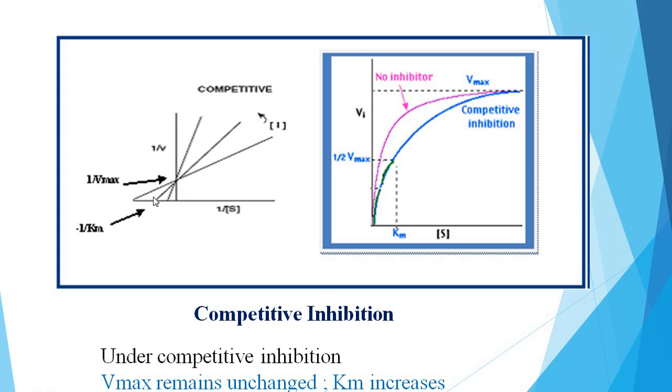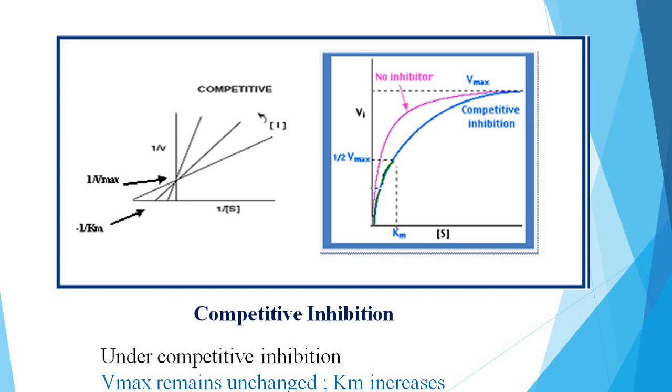This is the straight line curve without the inhibitor, and this is the straight line curve with the inhibitor. And this curve also denotes that V maximum remains the same, but the Km value increases with the inhibitor.